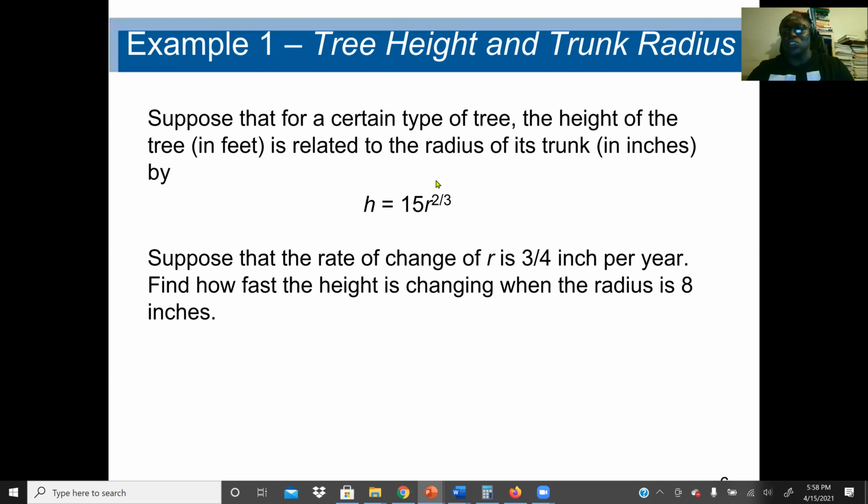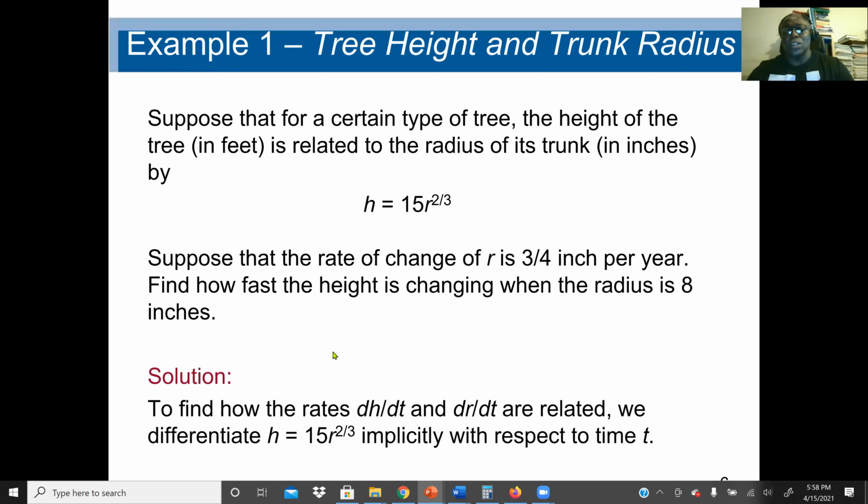Remember, they gave us the original function, so we need to find the derivative of this function with respect to time, height with respect to time and r with respect to time. To find how the height changes with time, which is dh/dt, and how r changes with time, which is dr/dt, and how they are related, we differentiate h equals 15 r to the power 2/3 implicitly with respect to time.